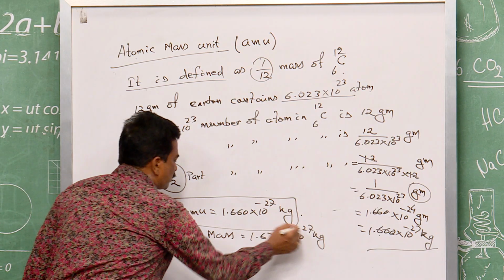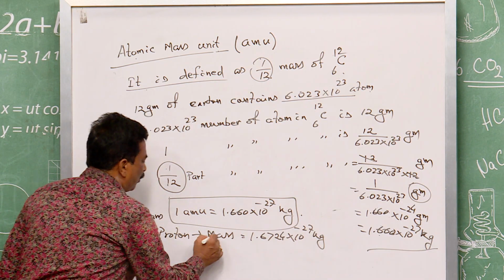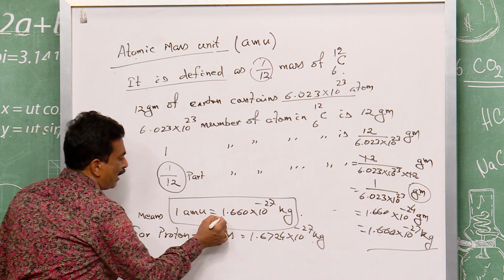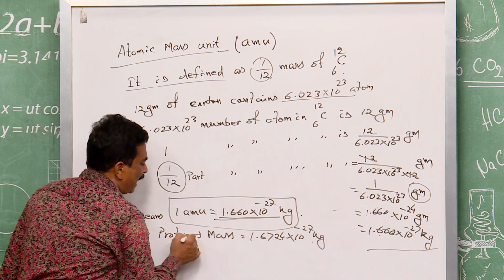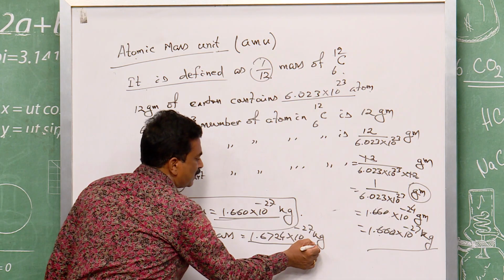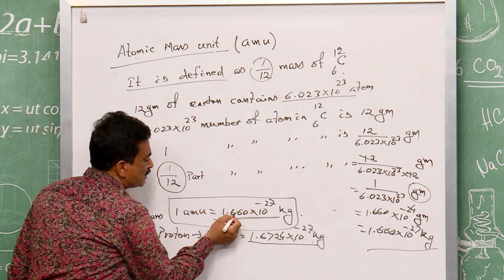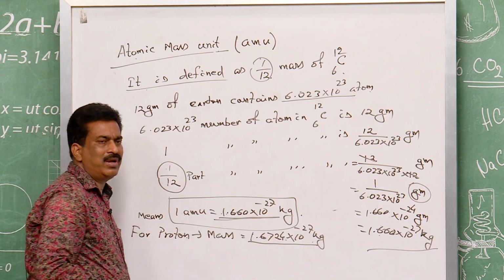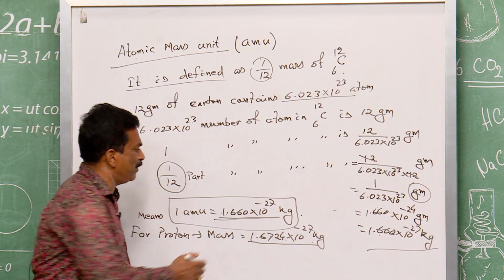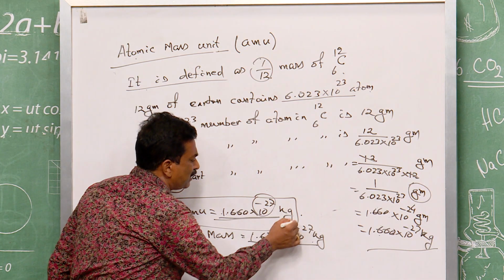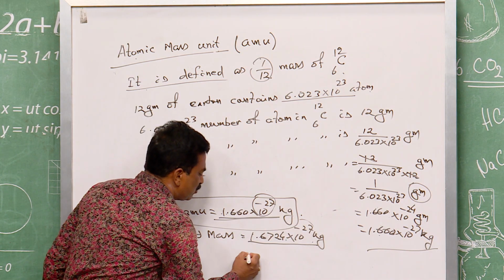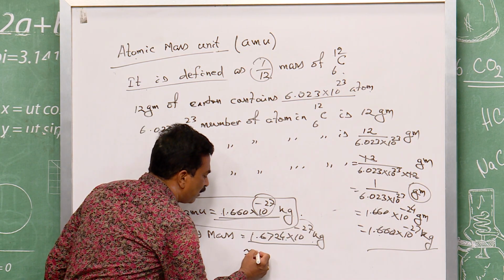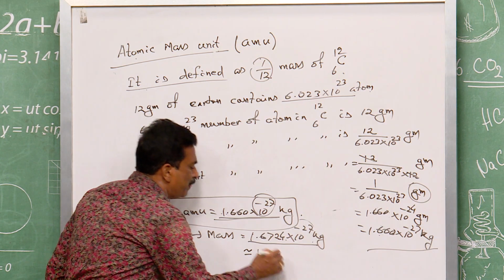If this is equal to that, then the mass of the proton in AMU: 1 AMU is equal to this much, and the mass of the proton is equal to this much in kg, 1.660 and 1.6724. Means they are nearly the same. This is 10 to the power of minus 27, this is also 10 to the power of minus 27. So this is also nearly 1 AMU.